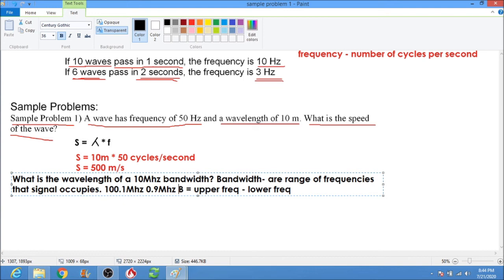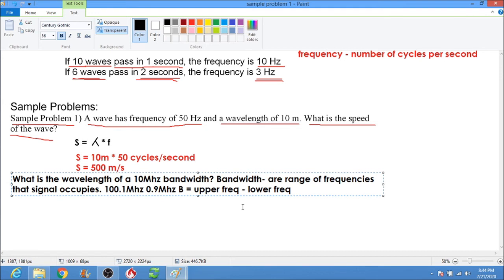So 100 divided by 30 is about 3.3 gigabytes. So you have 3.3 gigabytes of bandwidth for 1 day. That is consumable bandwidth.